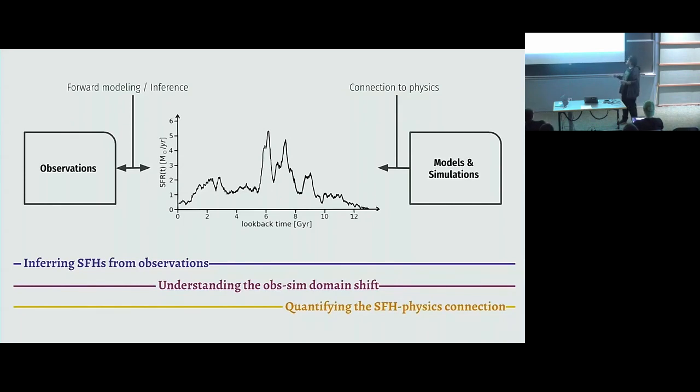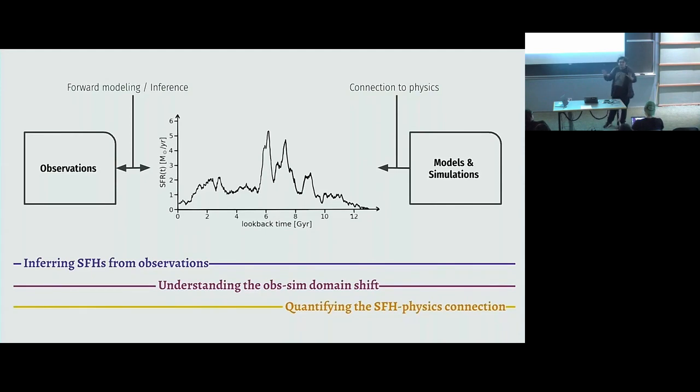But also because there's a small domain shift between what we can get from observations, with all the modeling assumptions and selection biases that go into that, and how things in the simulations also depend on resolution and box size and all of those things. So there's this small domain shift, and having the latent space and looking at things there helps understand it better. Okay, so that's the 3 things.